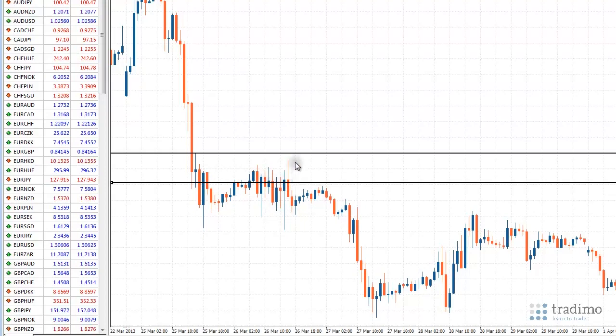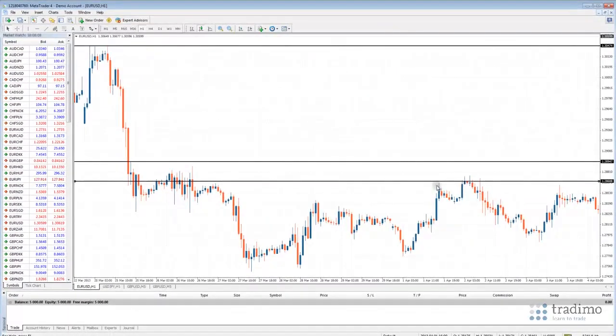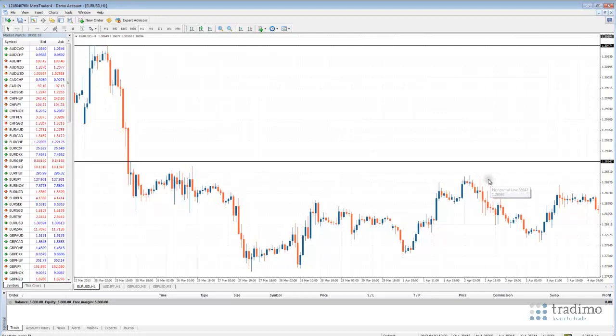And this indicates that we have a potential congestion zone, an area on the chart where price trades quite a lot. So if we use a bit of discretion, this level probably isn't a major resistance. So we're going to delete that line and continue looking for any levels.